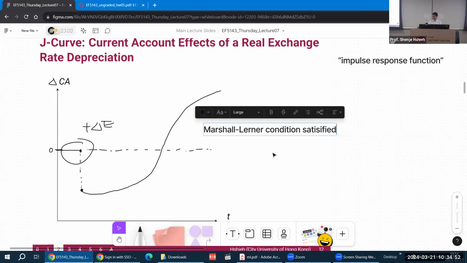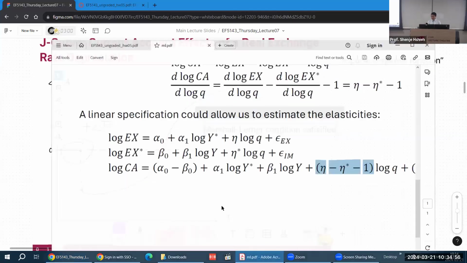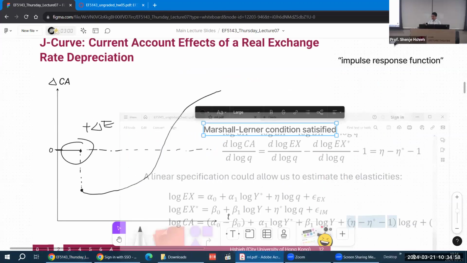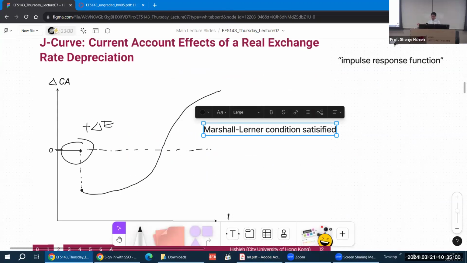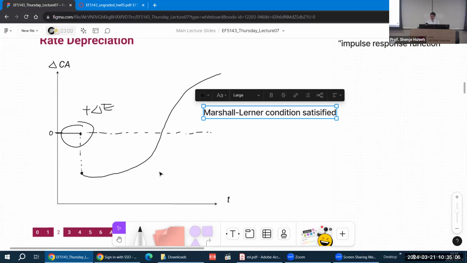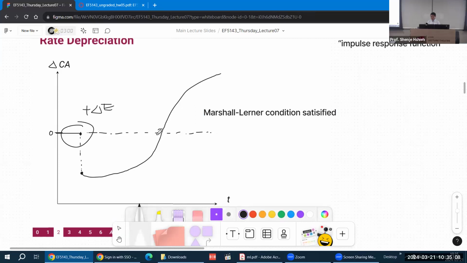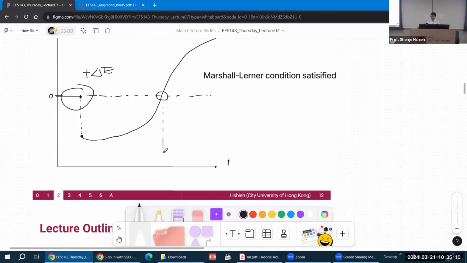So for most countries, if you estimate this equation here and do an impulse response function to estimate how that change in E permeates to current account over, for example, 24 months, you will see that it takes about 12 months to satisfy the Marshall-Lerner condition.